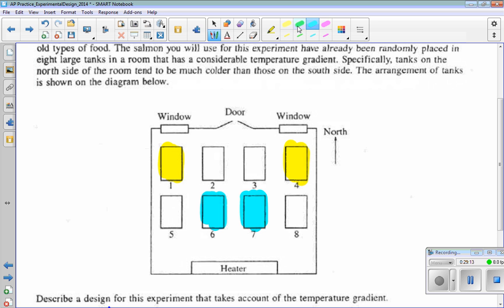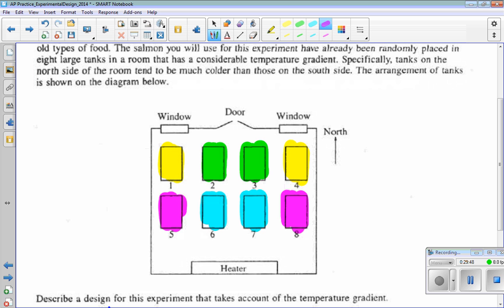I'm just coloring them in, but because I can't move the tanks, they're cemented to the ground, I'm going to pair 2 tanks together that are as alike as possible. I don't want any confounding variables to come into play. I want to treat them as much alike as possible. So that's what I've done. Somewhere along the line you should say that.